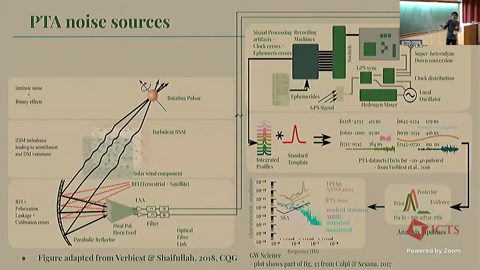Because what we want to do is make sure our timing residuals are modeled sufficiently well with both the deterministic and the stochastic components that would come in from any of these blocks, so that we are able to probe the gravitational waves that we are interested in. And we do this using, in most modern PTA analysis, almost fully Bayesian analysis pipelines.